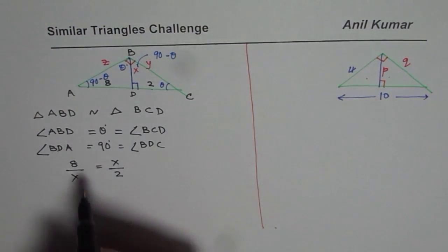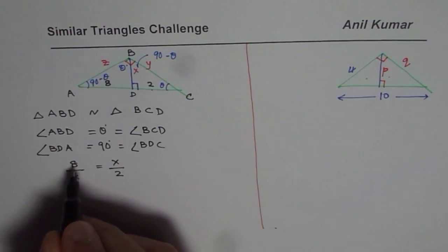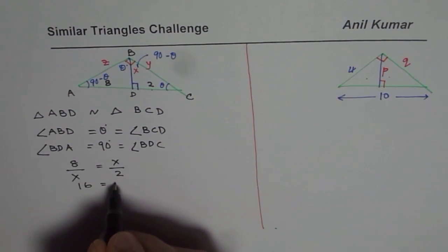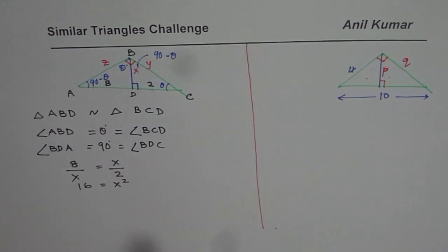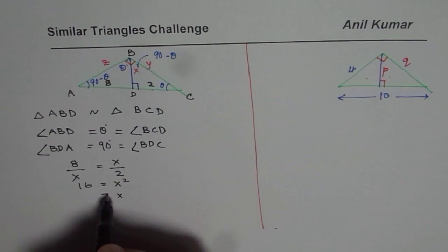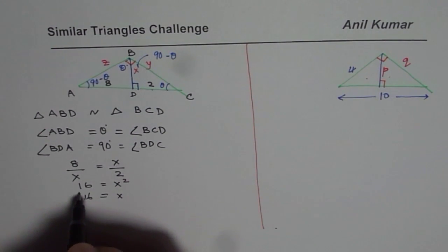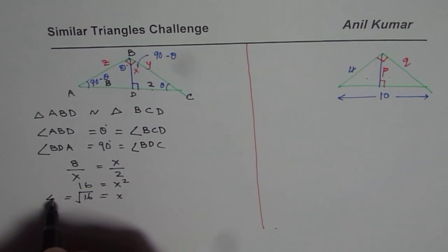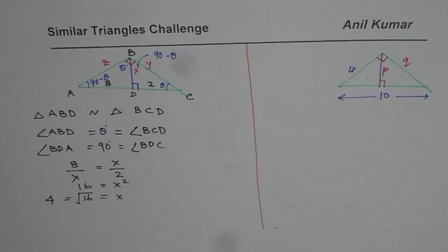Is it okay? So when you cross multiply, 8 times 2 you get 16 as x squared, right? And therefore x is equal to the square root of 16, which is 4. So what I've done here is I found x for you.